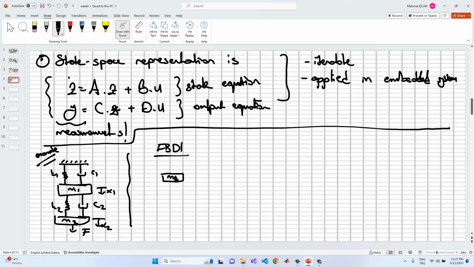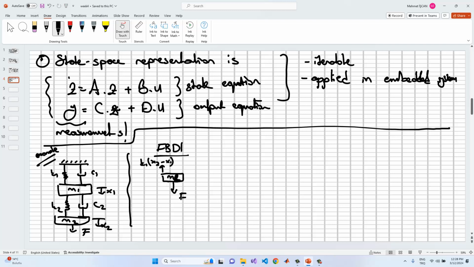After that, we have the spring force in here, K1 times x2 minus x1. I'm sorry, this is the M2. And this is the M2, okay? If we have this information, this is the M2.